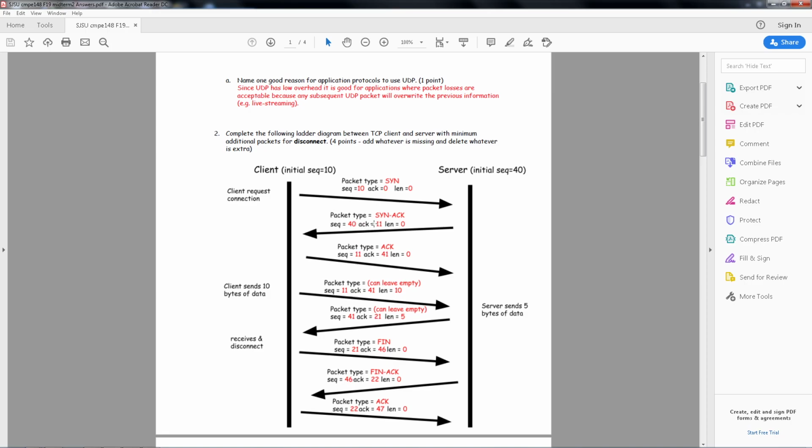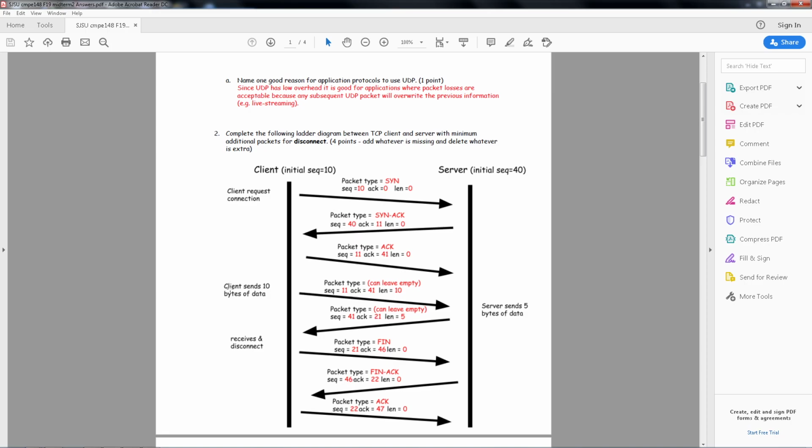As I've explained before, when you use SYN and FIN, we must increase by 1, or as some people call it, a phantom bit, because otherwise we'd get stuck in an infinite loop, and nobody wants to be stuck in an infinite loop. So this follows the general trend of 10, 11, because we need the 11 here, 40 is the 40 over here, and then 41 because of this SYN right here.